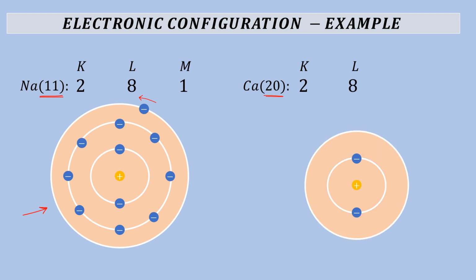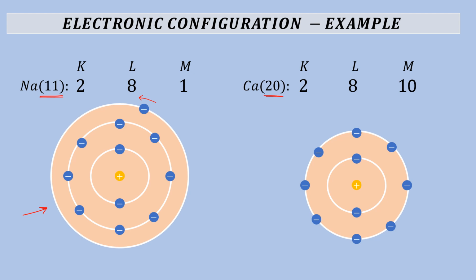Now we will put 8 electrons in the next higher shell, that is the L shell of calcium atom. Now coming to the third shell, we have so far filled 10 electrons in the atom of calcium and 10 are remaining. We also know that the third shell can contain a maximum of 18 electrons.